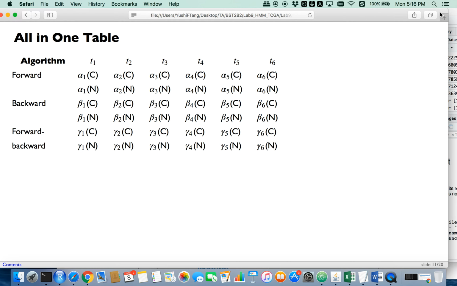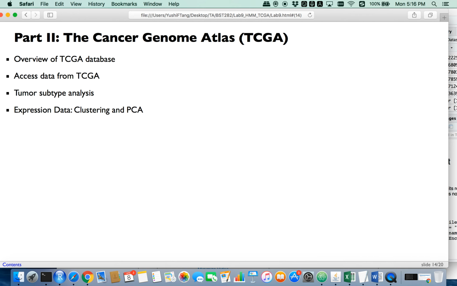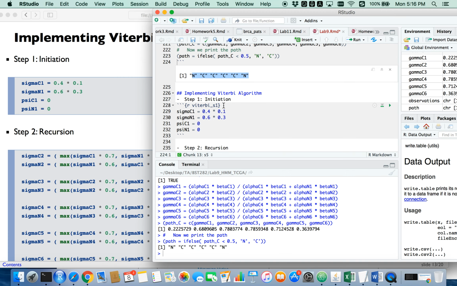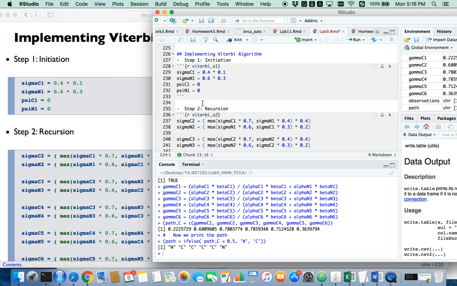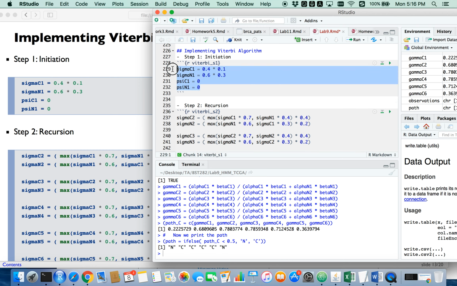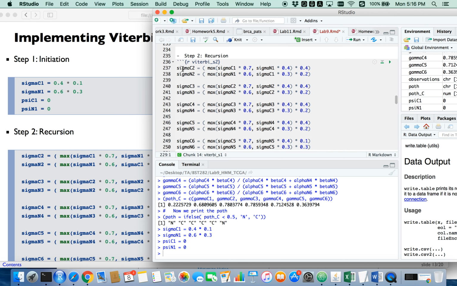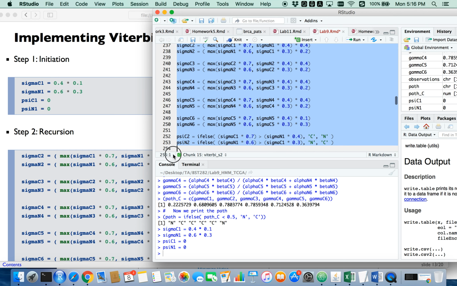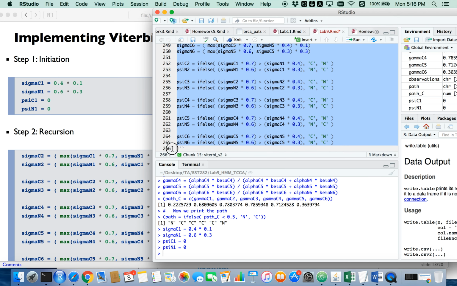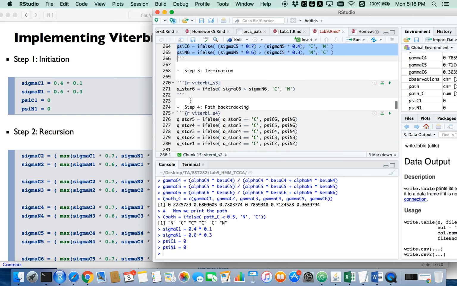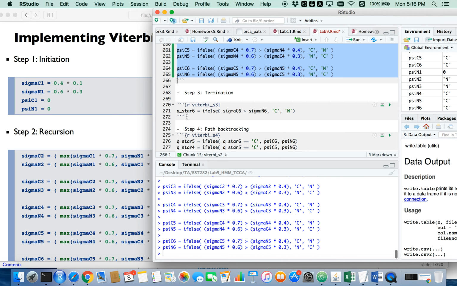Cool. Then similar things happen for the Viterbi algorithm. Remember that the Viterbi algorithm is actually quite similar to the forward and backward, but it does the optimization at each step and tries to remember the best path. So you calculate the delta and also the psi.